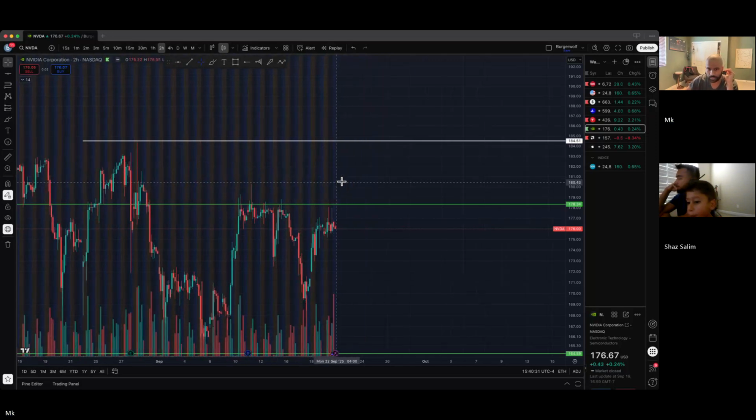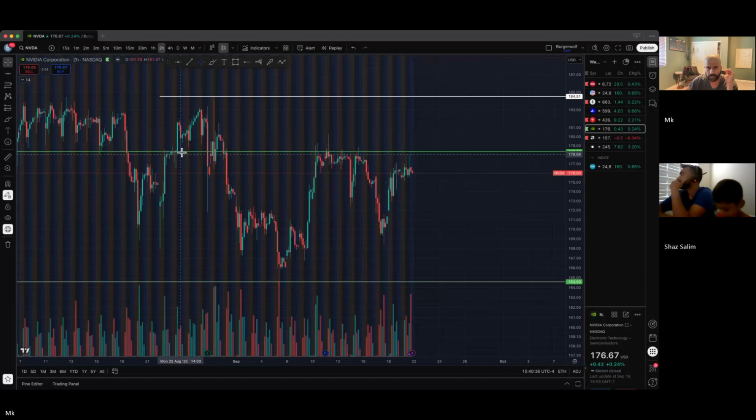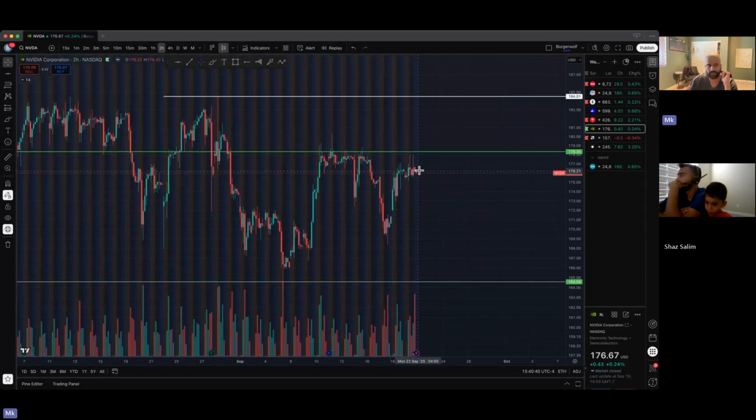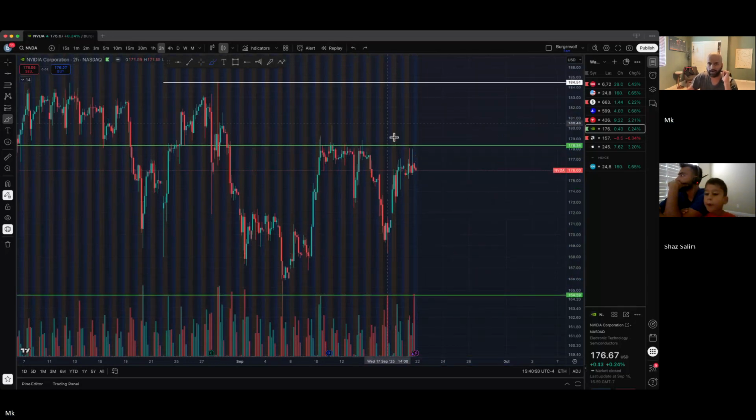So based off of this, you have all this liquidity up here. Price is eventually going to either A, come up here, reject, take out some of this liquidity, come back to this level, and then make the move up, or it's going to come up here, pretend like it's going to reject, get that retest, and then come to this level.